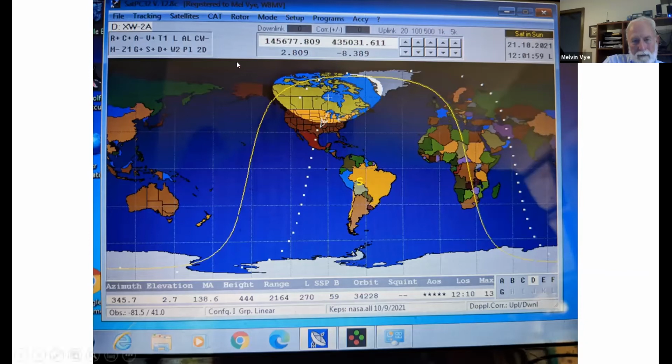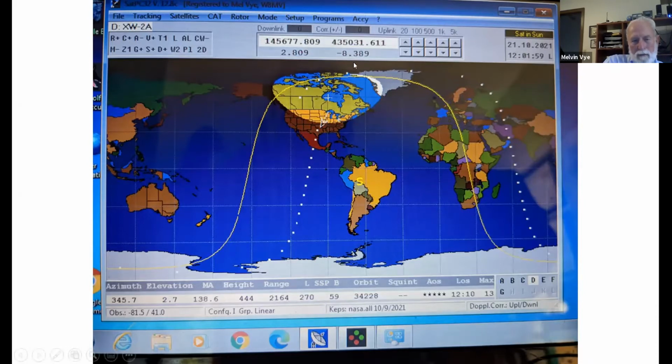amount of Doppler shift. The number that you see here, this 2.809, is the amount of frequency that I have to add to my nominal frequency when I receive. And this minus 8.389 is the number of kilohertz that I have to subtract from my nominal frequency when I transmit.